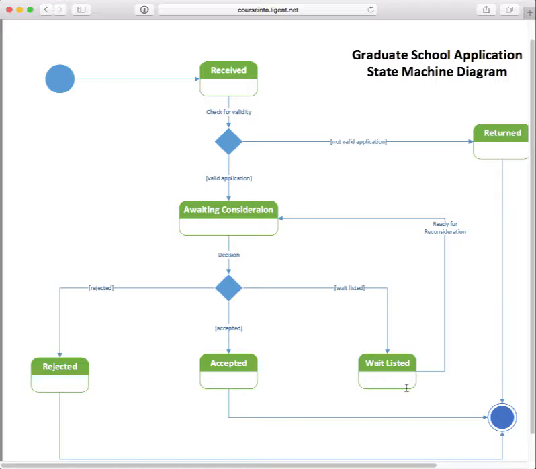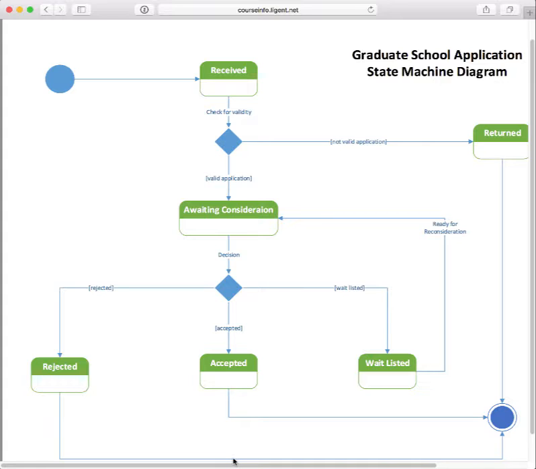So rejected and accepted, like returned, are terminal conditions. Okay, terminal states. How do we know that? Well, because the flow line from them goes to the termination symbol. And also, that flow line never has a label.